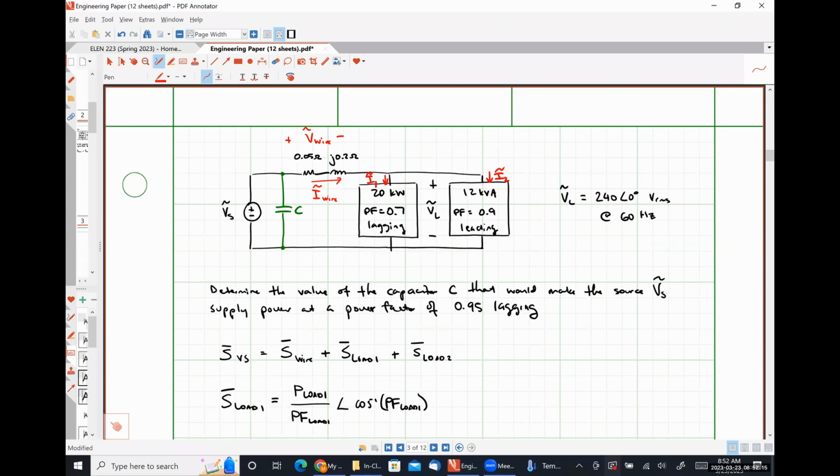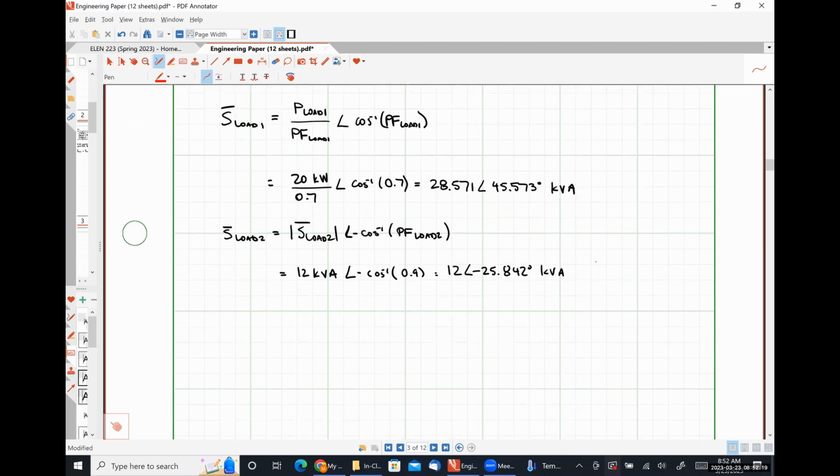Exactly right. We have the power and the voltage, and we know complex power. So let's write this down here, right? So S load 1 is just going to be VL times what I have as I1 conjugate, and a similar thing for S load 2, right?